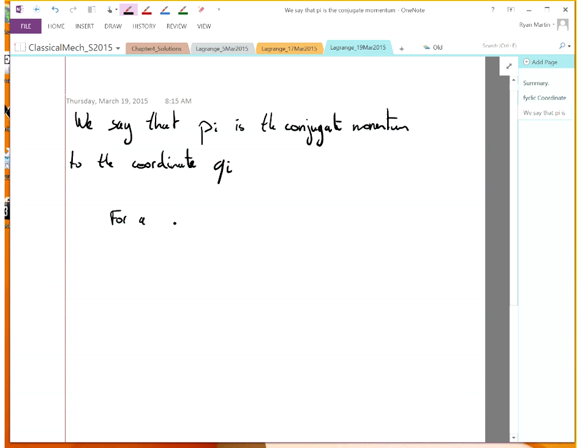So for a cyclic coordinate, p_i is equal to a constant. The conservation of generalized momentum automatically comes out of a coordinate being cyclic.